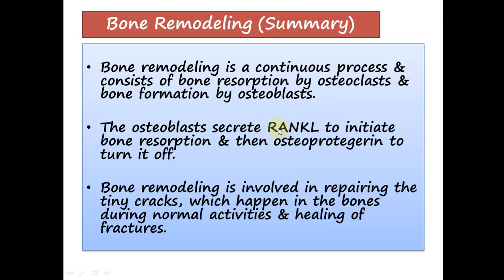RANK is the receptor activator of nuclear factor kappa B that is present on the osteoclasts, and also the macrophage colony stimulating factor causes maturation and differentiation of a type of macrophage into the osteoclasts, and the osteoclasts will cause bone resorption. The inhibitory factor which inhibits the RANK ligand is known as OPG or osteoprotegerin, which is also secreted by the osteoblasts.